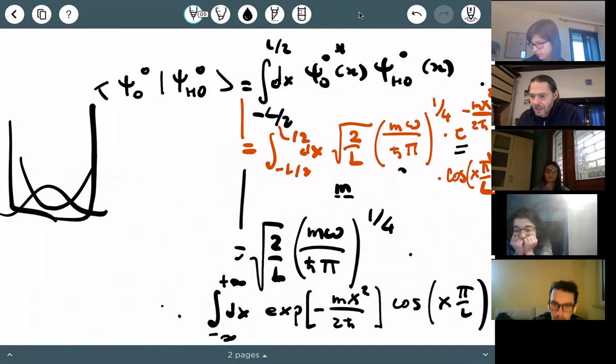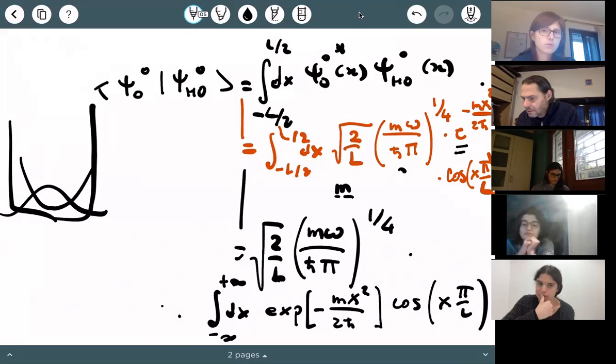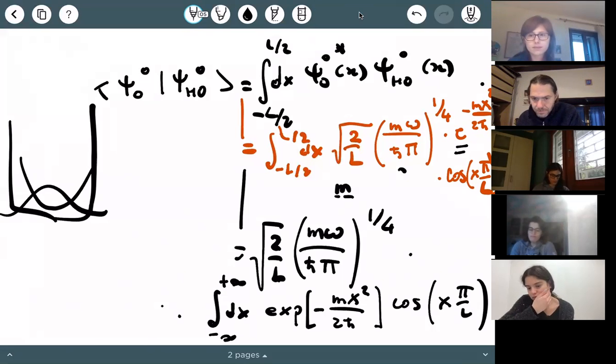So what I'm doing now as I speak, I'm trying to see whether this is actually an analytically calculable integral, or it is not. There's a missing omega here, obviously.